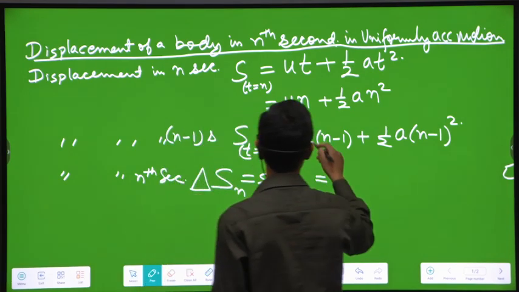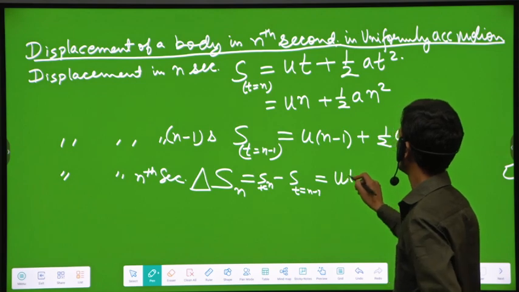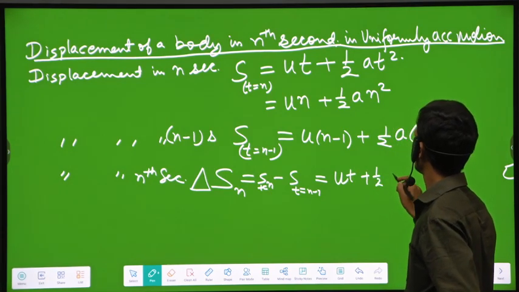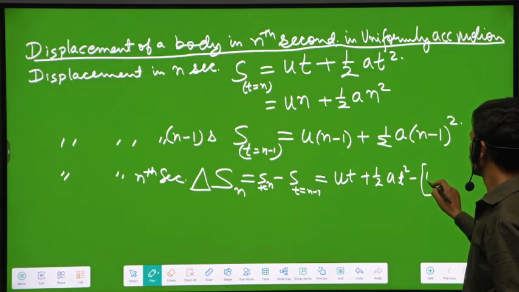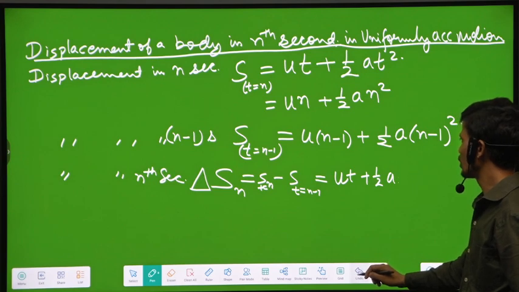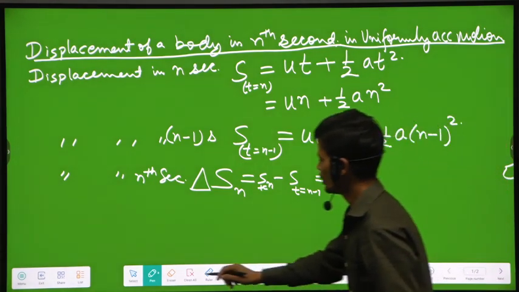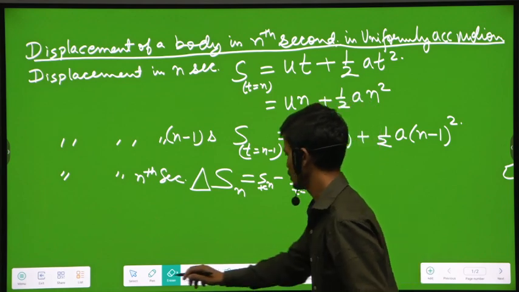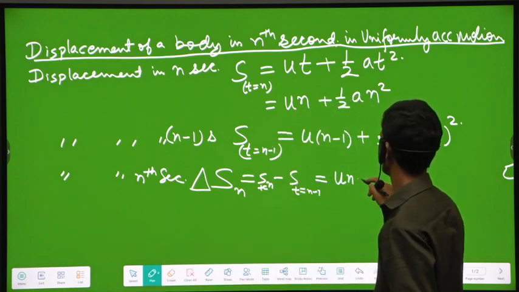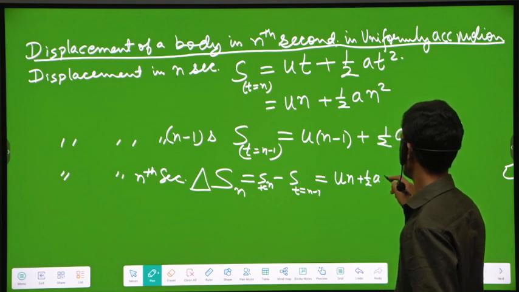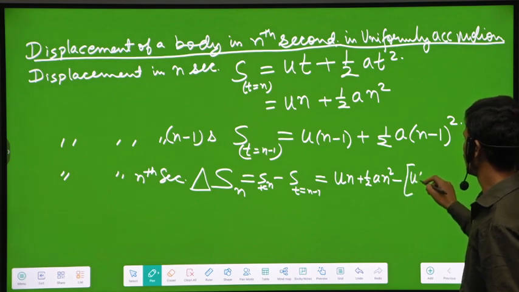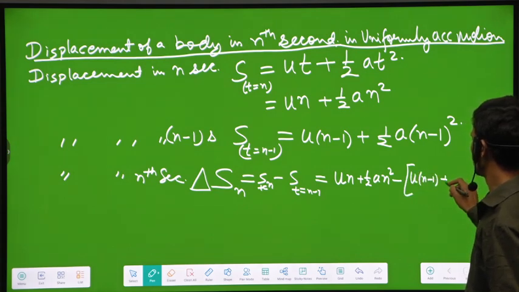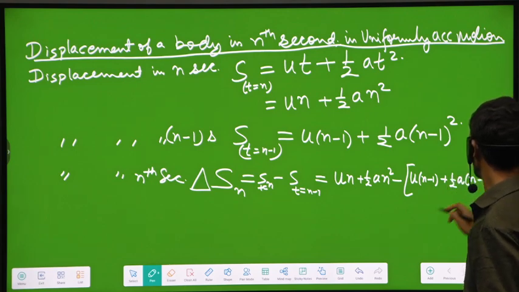So it is un plus half a n square minus u into n minus 1 plus half a into n minus 1 squared.